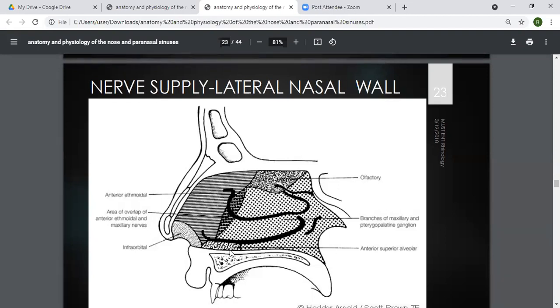And inferiorly, we have the anterior superior alveolar nerve. And then we have the infraorbital nerve, not artery, supplying the vestibule. And then there's an area of overlap between the anterior ethmoidal and then maxillary nerves.